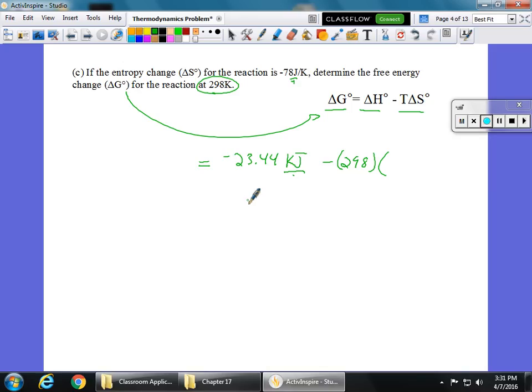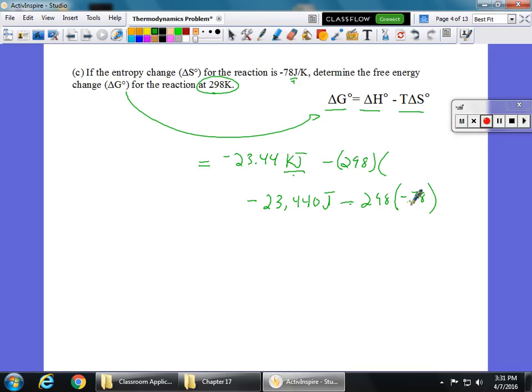So if I wrote this out, this would be negative 23,400 joules minus 298 times negative 78. Obviously, if we're subtracting something that's negative, this is going to become less negative.